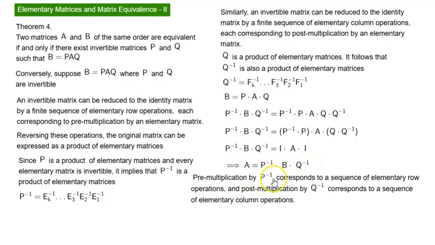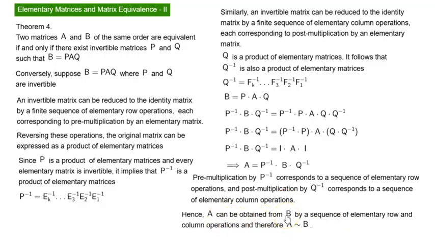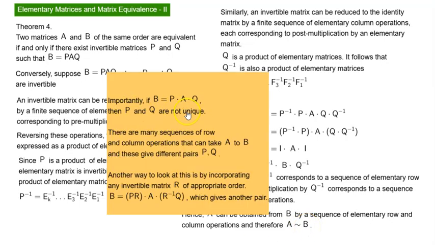So pre-multiplication by P inverse corresponds to a sequence of elementary row operations, and post-multiplication by Q inverse corresponds to a sequence of elementary column operations. Hence, A can be obtained from B by a sequence of elementary row and column operations, and therefore A is equivalent to B. Importantly, if B is equal to PAQ, then P and Q are not unique.